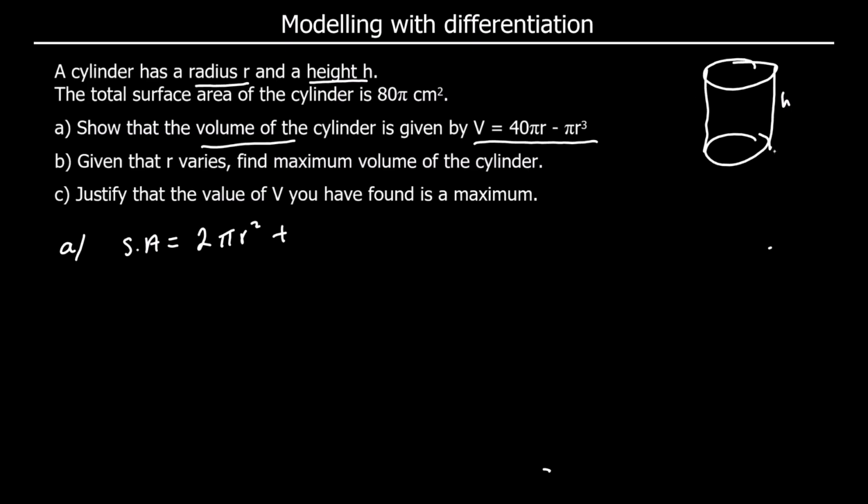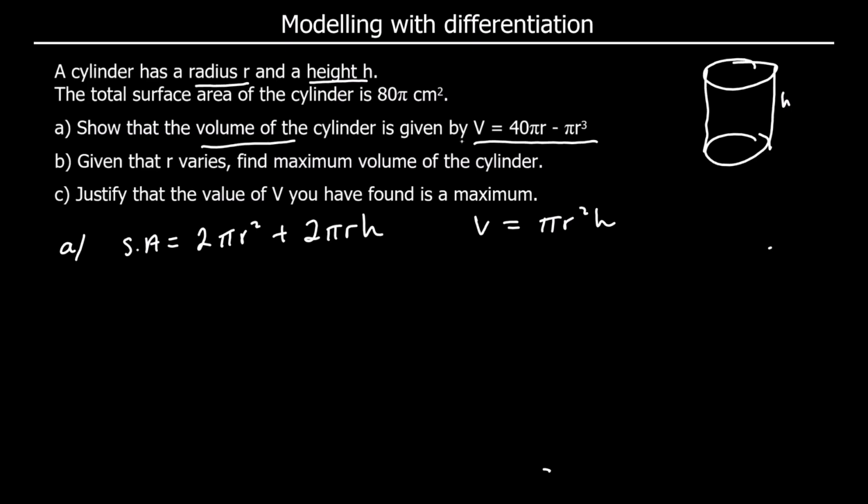It's 2 pi r long, the circumference of a circle, and h tall. So it's 2 pi r h. And the volume is pi r squared, the area of the cross section, times the height, which is h.